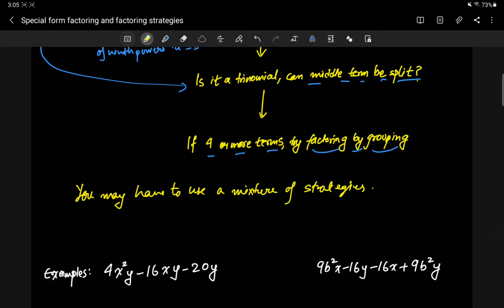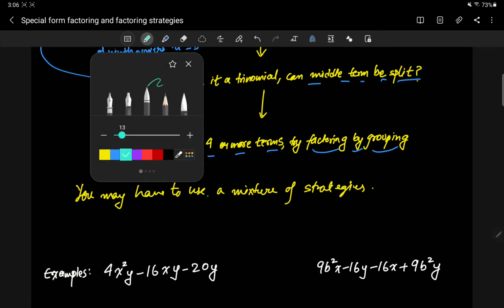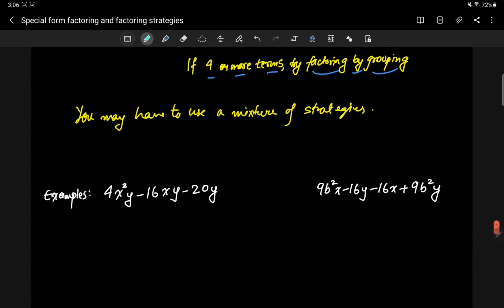So let's try to apply this to some problems. So that's the first one. But here are the observations I make. Always pause for a while before you try to factor it. Try to think what's happening here. The observations are that it's a trinomial.